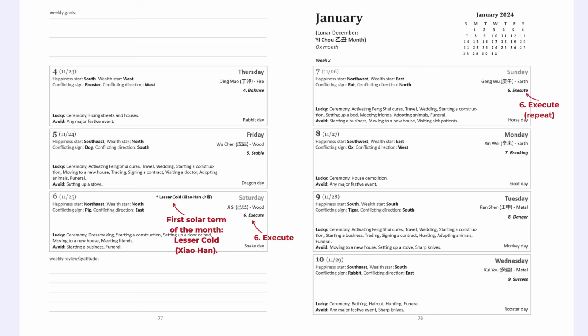So the first established day will match the animal sign of the month. So there will be 2 continuous days of the same day officer in each month, around the first solar turn of each month. So that's one way of selecting the lucky date for your event.